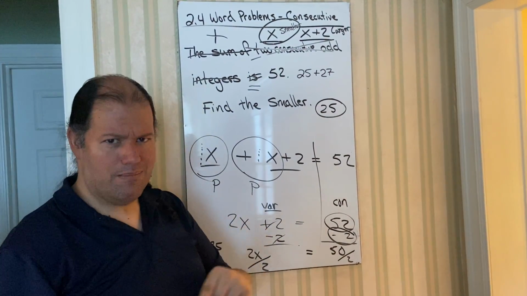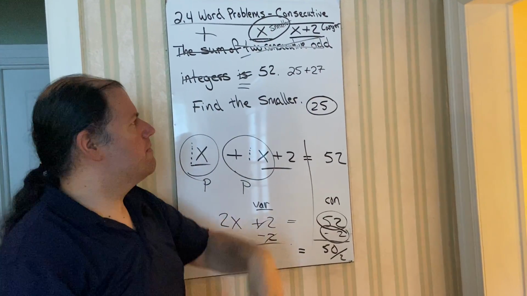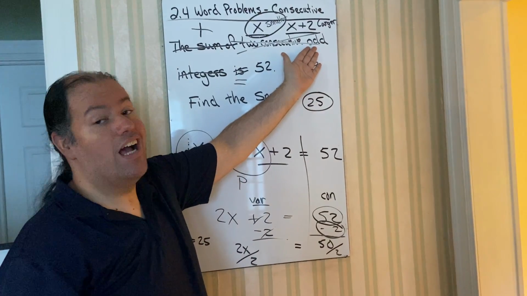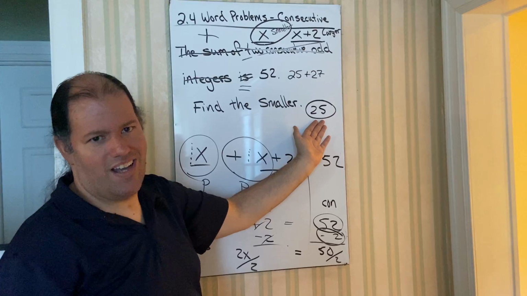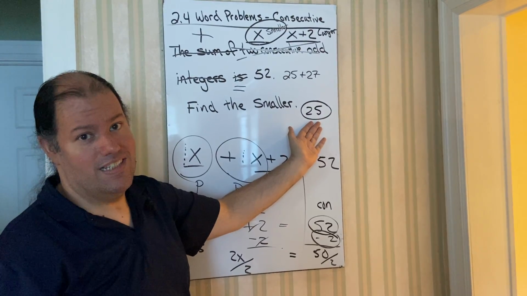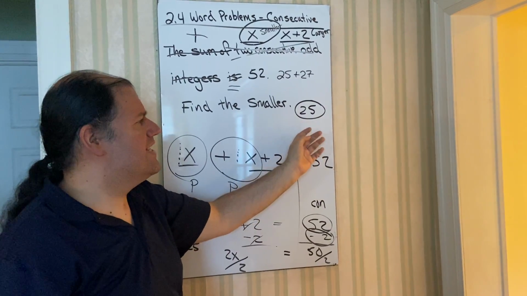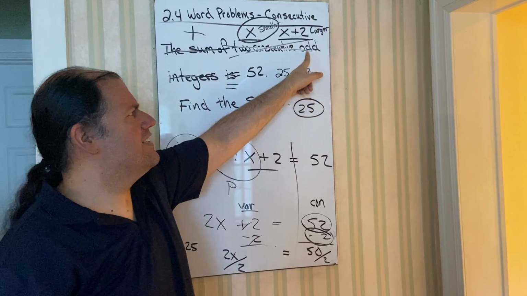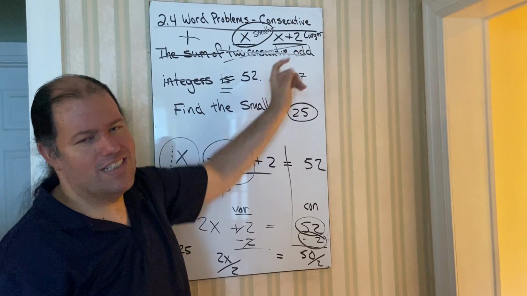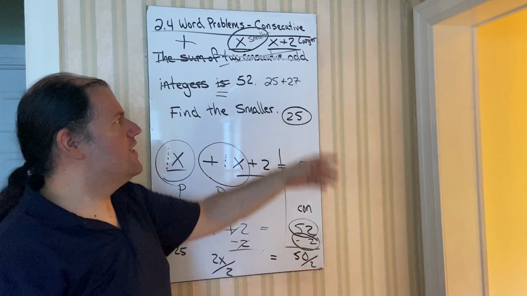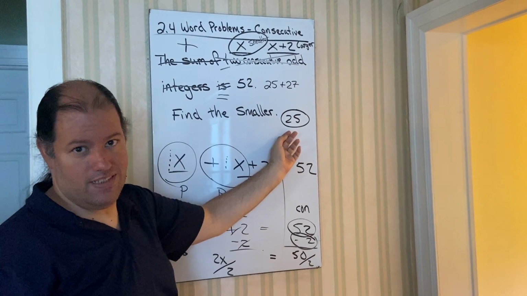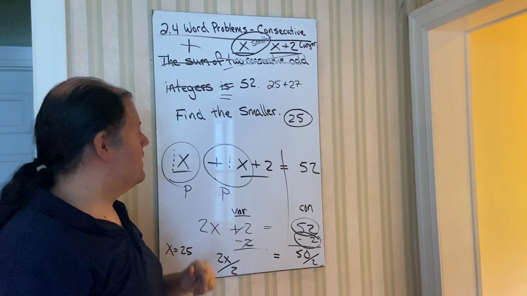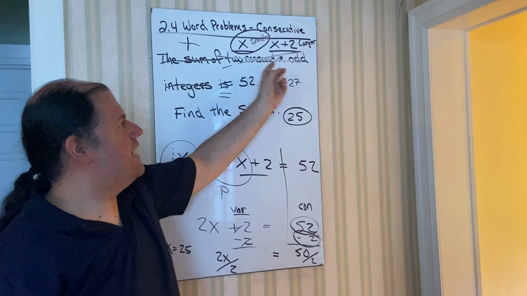And I know I'm probably on the right track because notice I need to find odd integers. Is 25 an odd number? Yes. If for some strange reason you were doing this and you got a 26 here when it says find odd numbers, then you definitely did it wrong. Because if this is odd, then you need to have an odd answer. All right? This is how you would solve one that has consecutive odd.